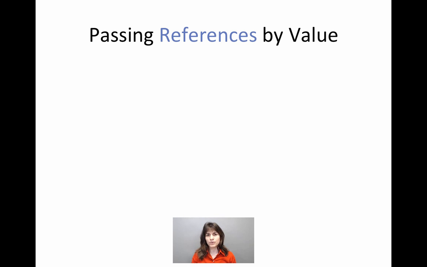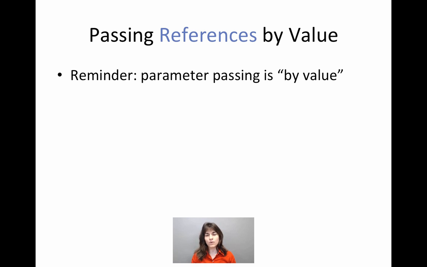In the examples we used so far, we have been passing variables of primitive type as arguments to methods. Now, what happens when we pass references as arguments to a method? Remember, no matter what, the parameter passing in Java is always by value.